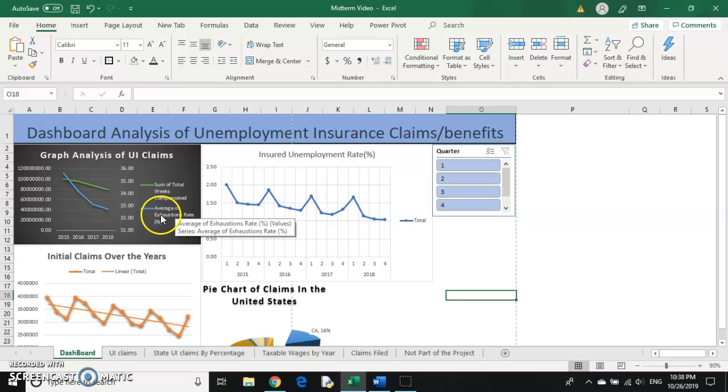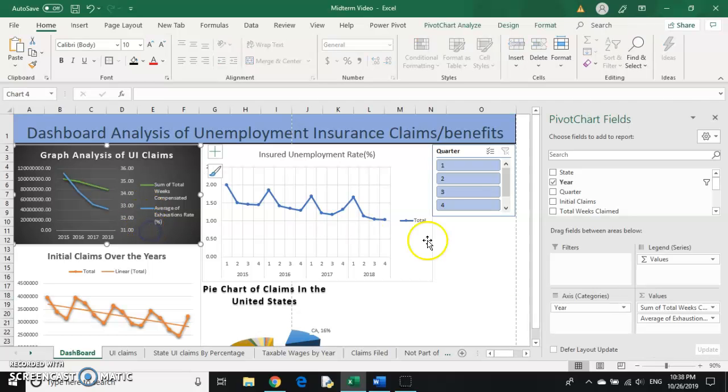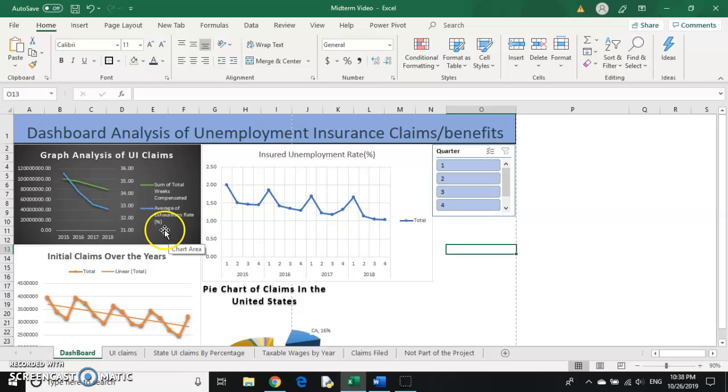And the average exhaustion rate percentage is also dropping, even faster and stronger than the weeks compensated. It means a good thing for society, that fewer people are claiming unemployment insurance. That means they are either receiving other incomes, or they are getting new jobs.